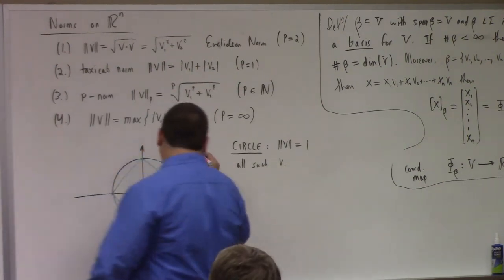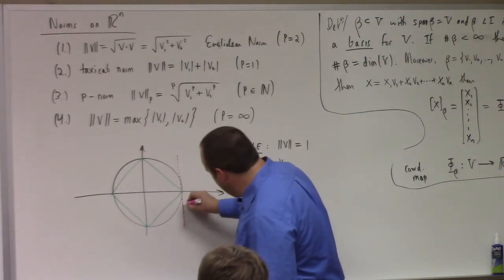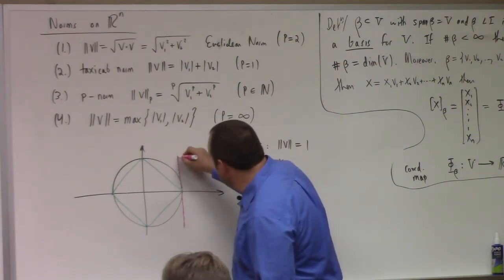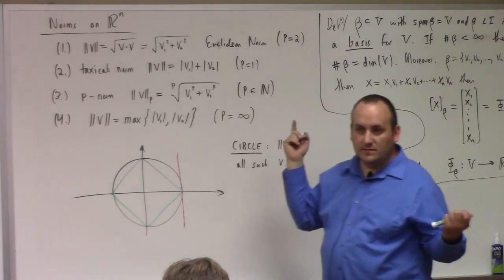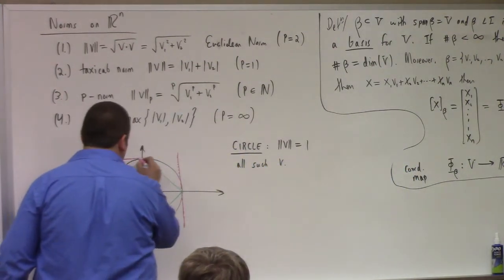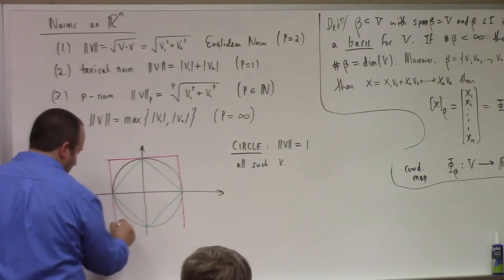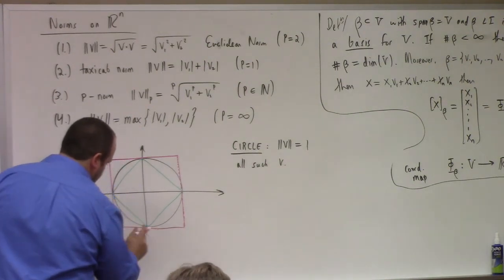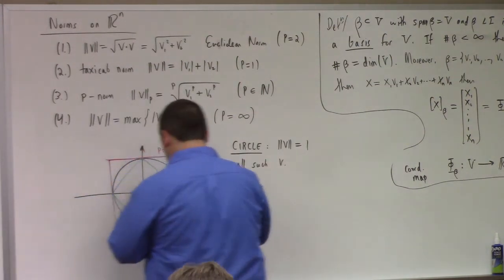This is supposed to be a vertical line, sorry. These all have x coordinate 1, so you take the max of 1 and whatever, it's 1, right? And then all of this, that, like that. So this is p equals infinity.